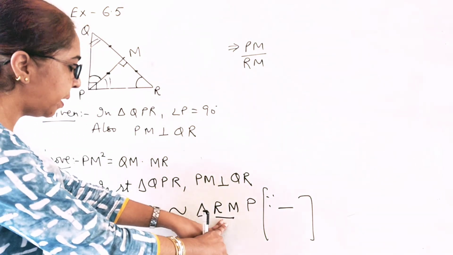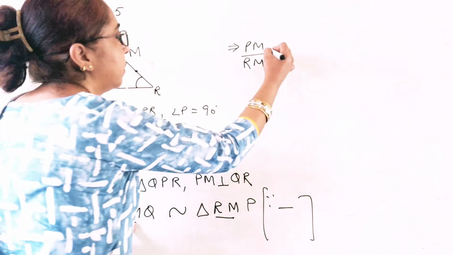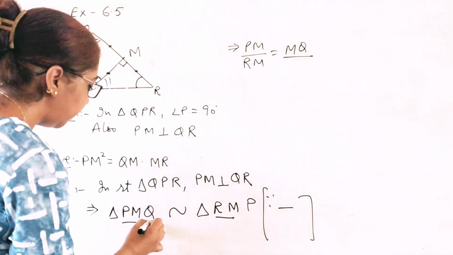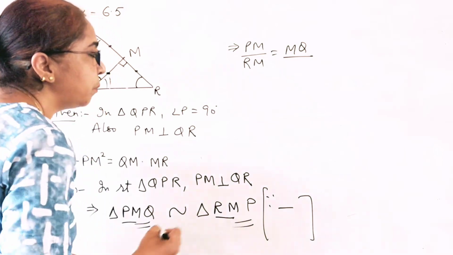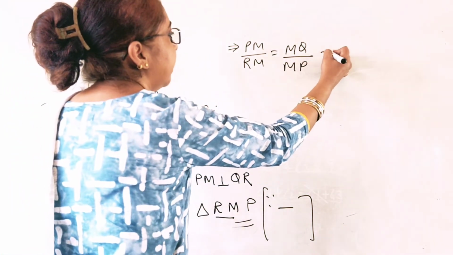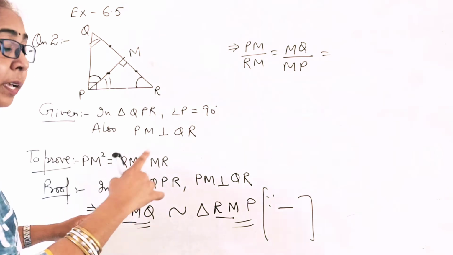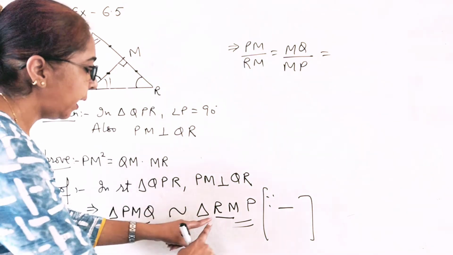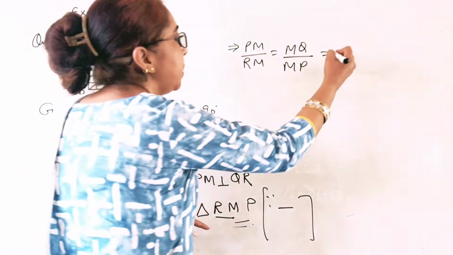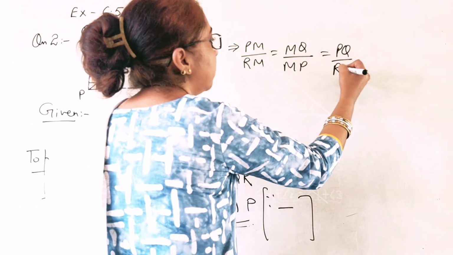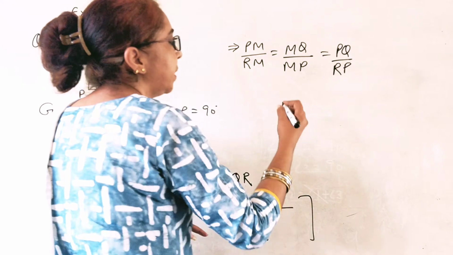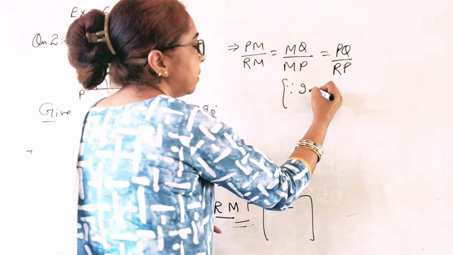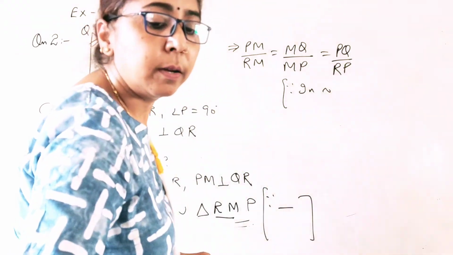PM upon RM, then QM upon RP. From here I have taken QM, from here RP, and the rest of the sides are PQ and RP, so PQ upon RP.